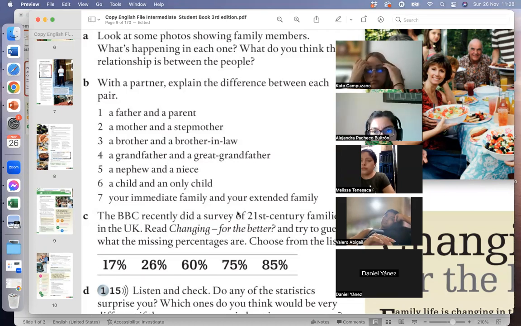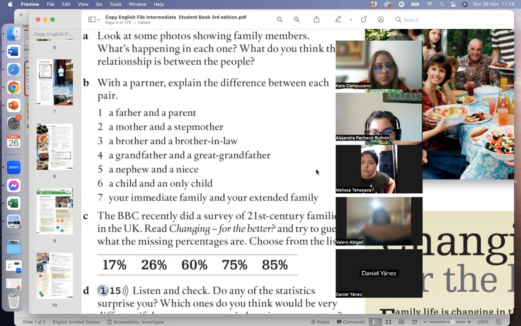And the great-grandfather, for example, is the father of my grandfather. Absolutely. Abuelo y bisabuelo. A grandfather and great-grandfather. So a father of my grandfather, and just my father's father. Very good.